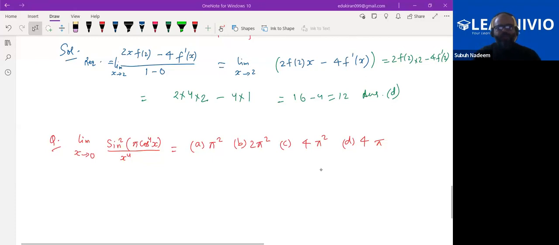So which form is it? If you put x equal to 0 here, cos 0 will be 1, and that will become pi, 1 into pi, and sine pi will be 0. So it is actually 0 by 0 form. Now in that situation, how will you proceed?